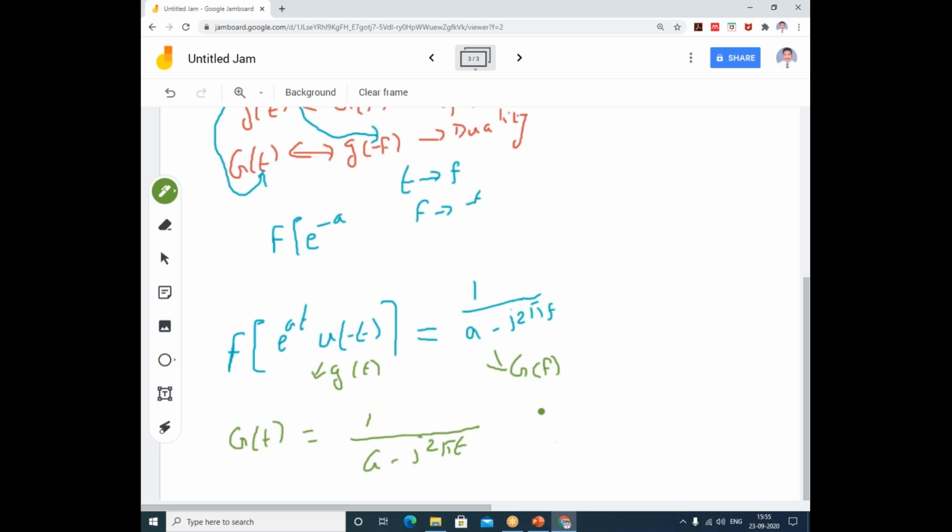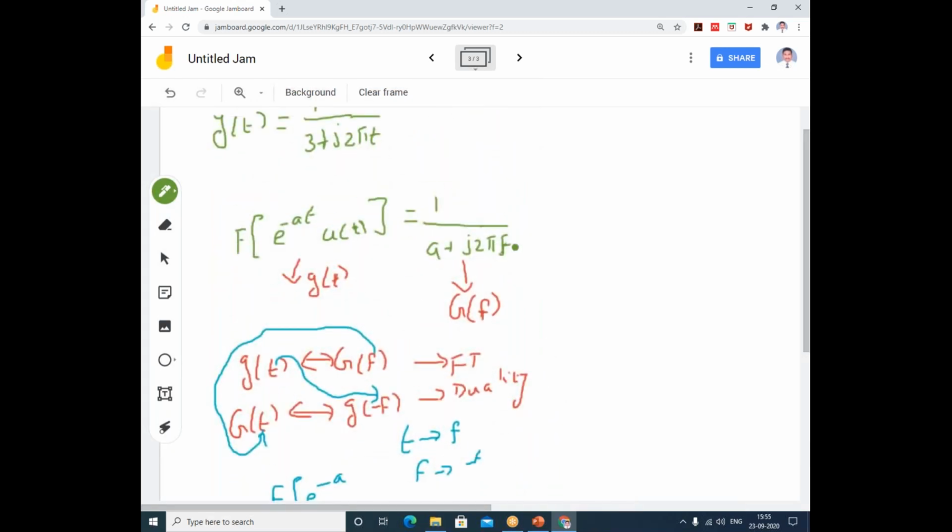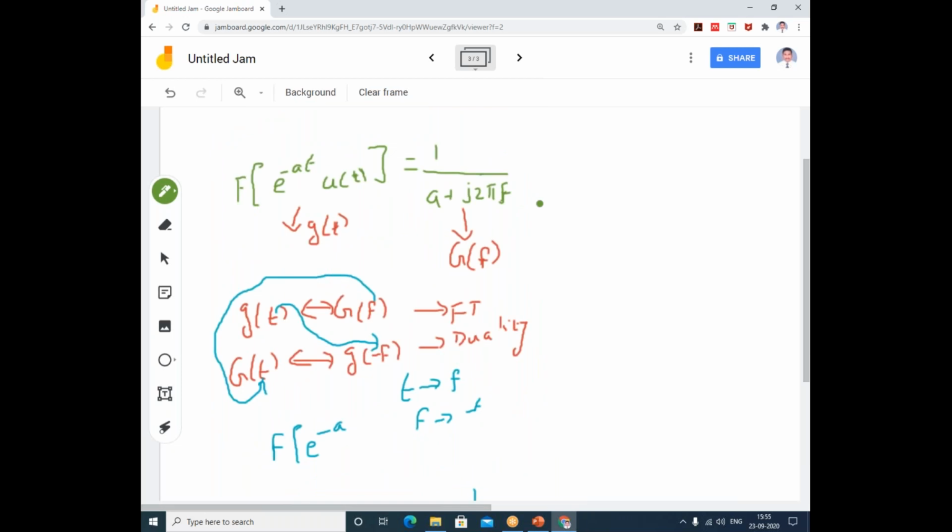Please try to understand. You are not going to get a minus j2 pi t. So what do we have to do? You have to use this formula, and in this formula, you have to replace f with t and t with minus f.